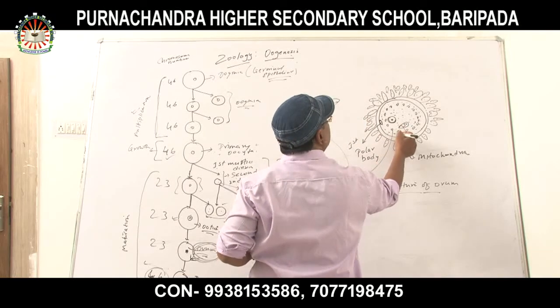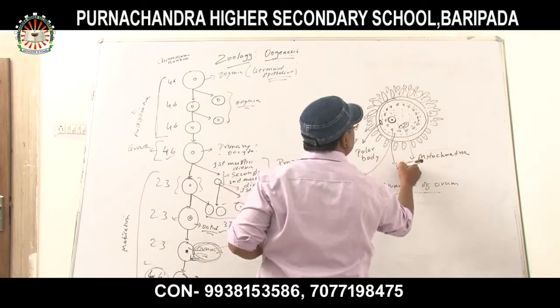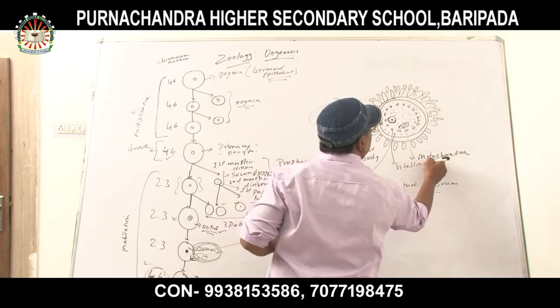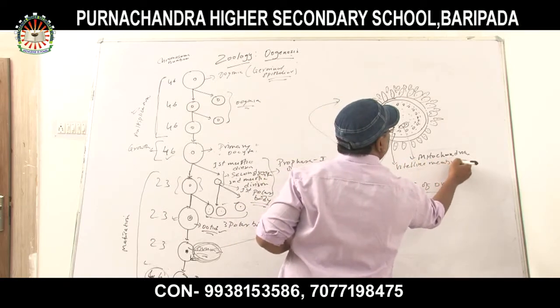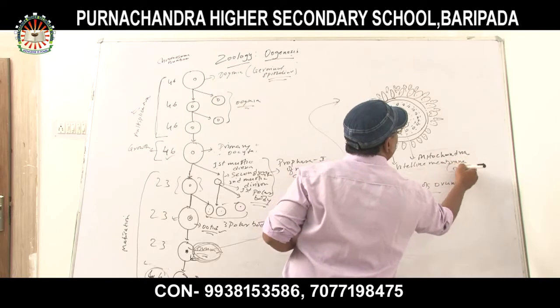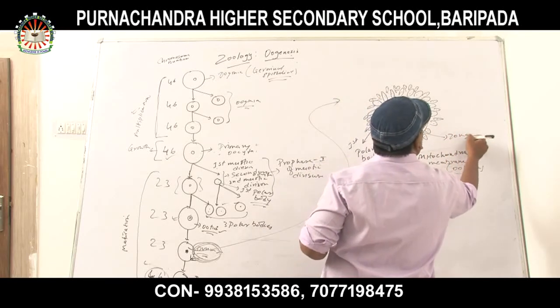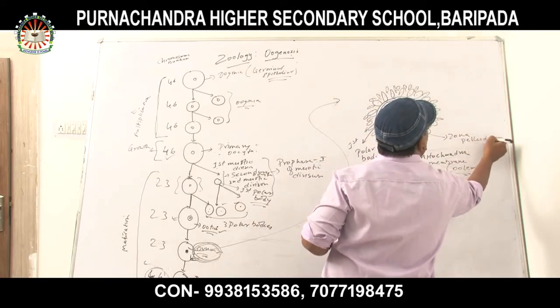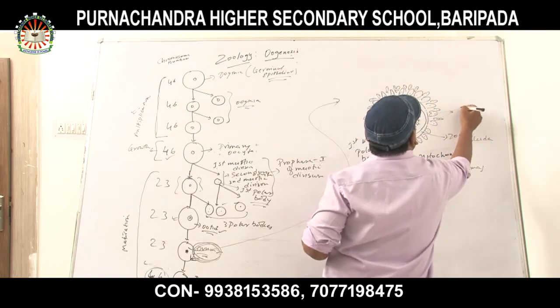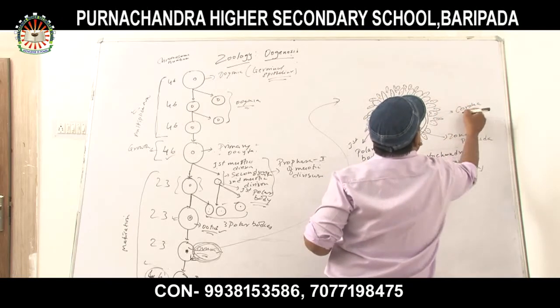And this is the layer of what? The vitelline membrane. The vitelline membrane is called the oolemma. And this is the layer of the zona pellucida. And these are the corona radiata.